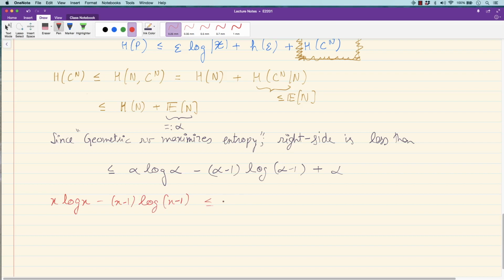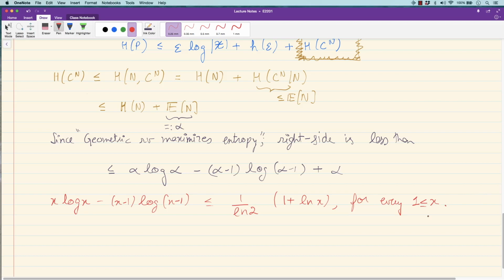The claim I have is, first I'll divide by ln 2 to convert this base to the base e, and then by first order Taylor series approximation of this function, you can show that this is less than or equal to ln x for every x greater than or equal to 1. So this is true.